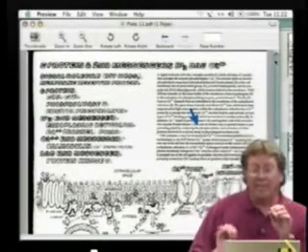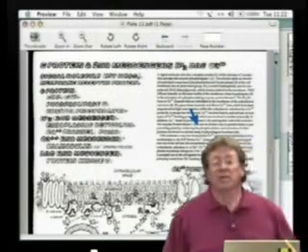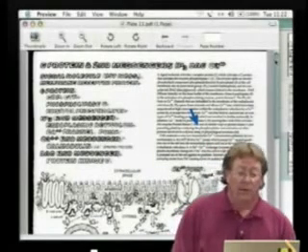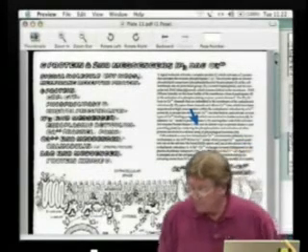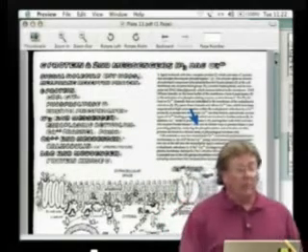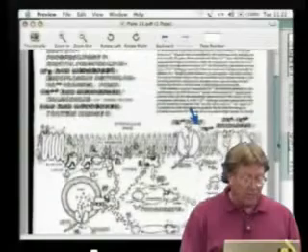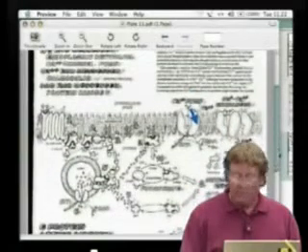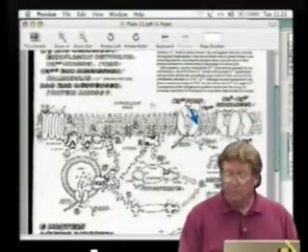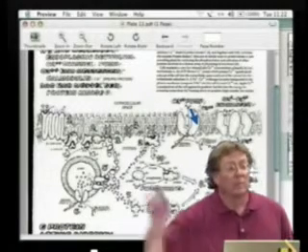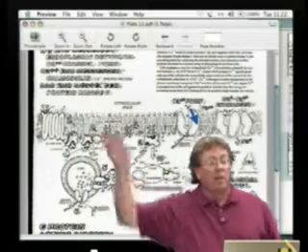Talked about cyclic AMP as being an important second messenger. Now we're going to talk about calcium, the G protein. So, very similar. We have a membrane receptor. First messenger comes in. So here's the first messenger right here.